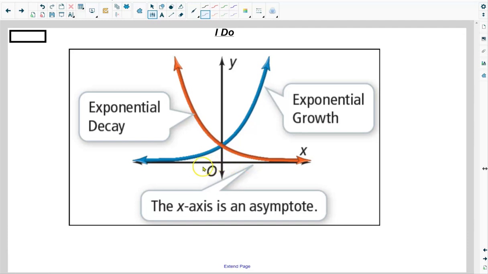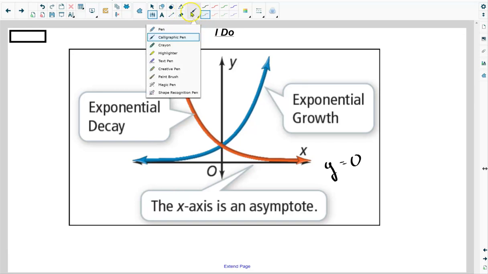In this case here on the bottom, that's going to be important. So for example, this would be the line y equals 0, where you find the asymptote. Why? Because you don't go up, right? There's kind of this invisible line here.